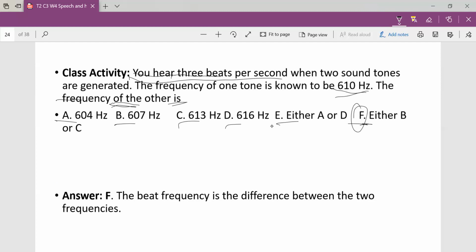If it is plus, we choose the answer B or C. So the second frequency will either be B or C, because this is the individual frequency, and adding to it will give you C, while subtracting from it will give you B. So the answer is either B or C.